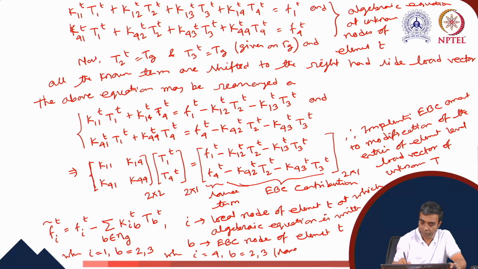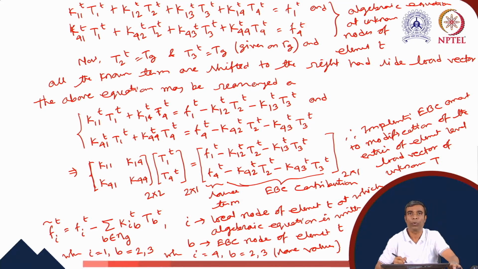So from this expression we have generalized the boundary condition formula for the specified temperature boundary condition. This we have already illustrated in the previous weeks in terms of examples, and derivation we have shown in today's class.